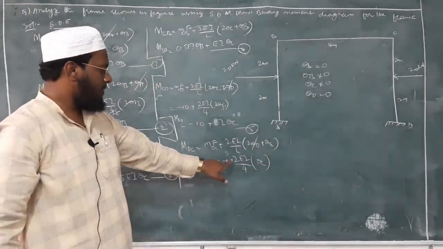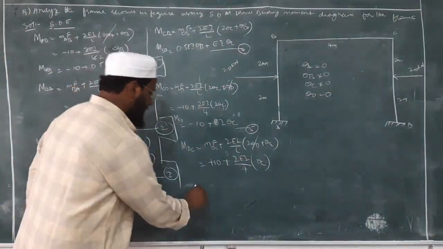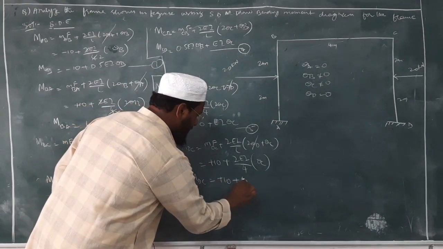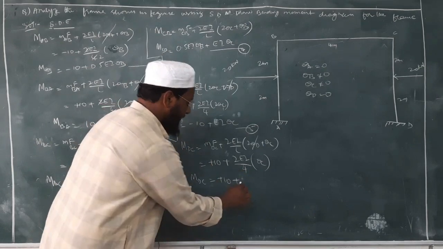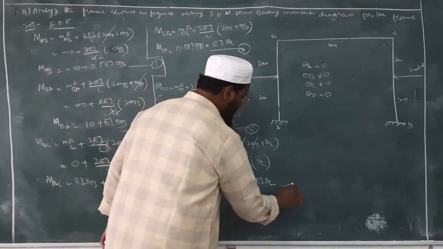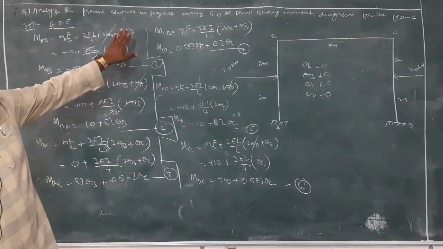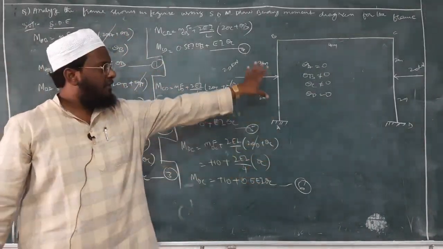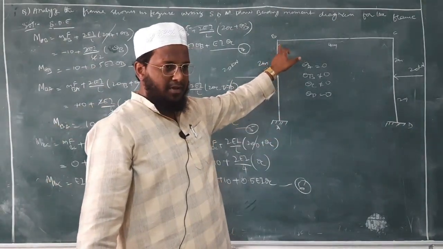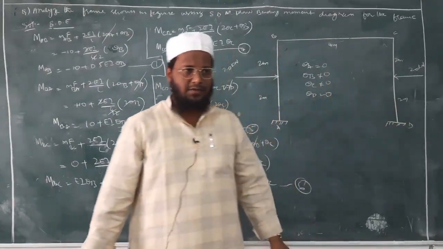So what will happen to this one? 2 by 4 is 1 by 2, 0.5. 0.5 EI theta C. So MDC is equal to plus 10 plus 0.5 EI theta C. So this is equation number 6 we have. Okay. So right from equation number 1 to 6 we have solved. We have the moments MAB, MBA, MBC, MCB, then MCD and MDC. All those equations we have calculated.